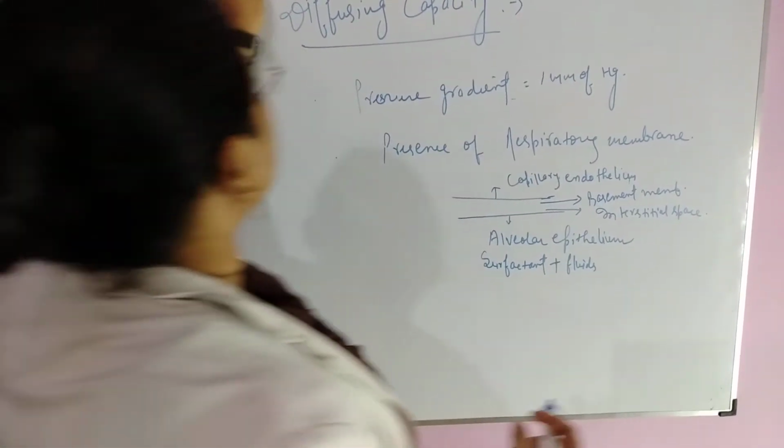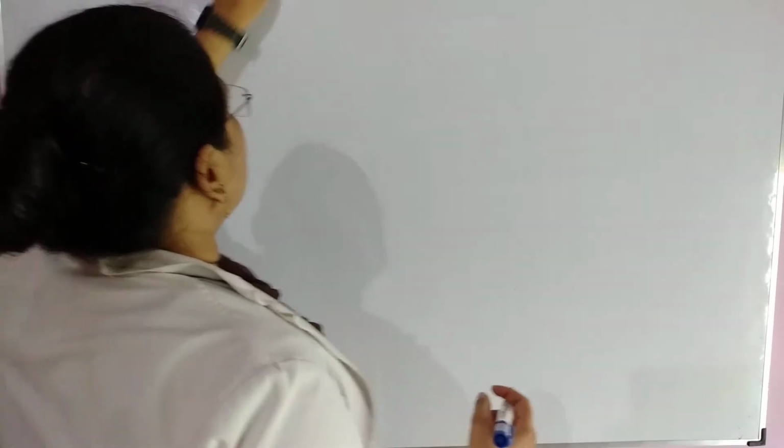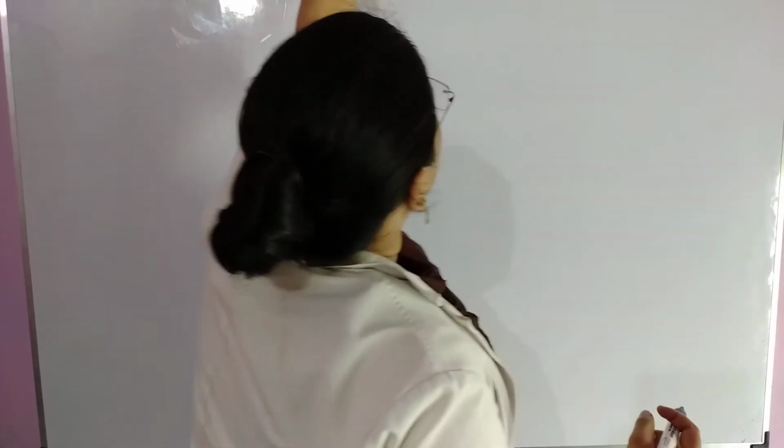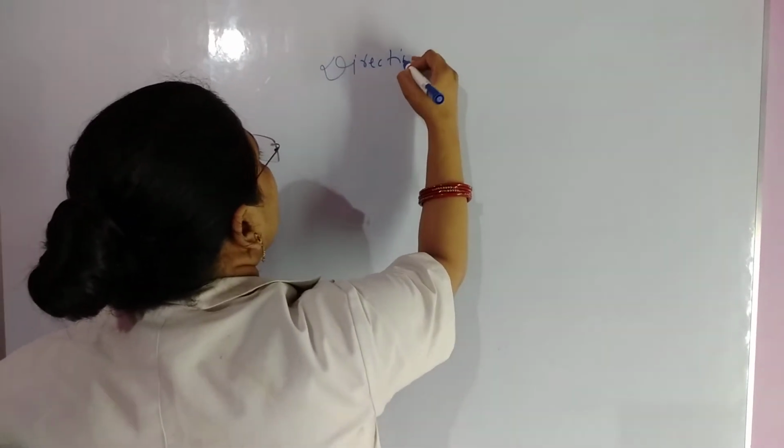Now next point is what should be the direction of diffusion for oxygen. It is a very important point.